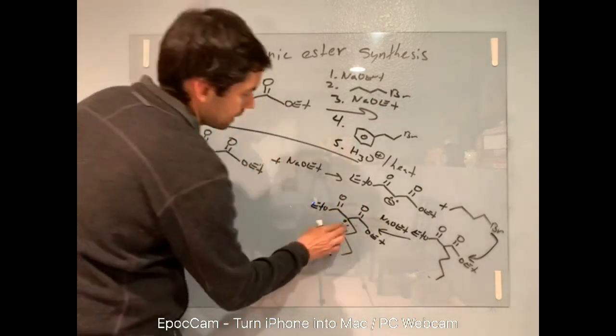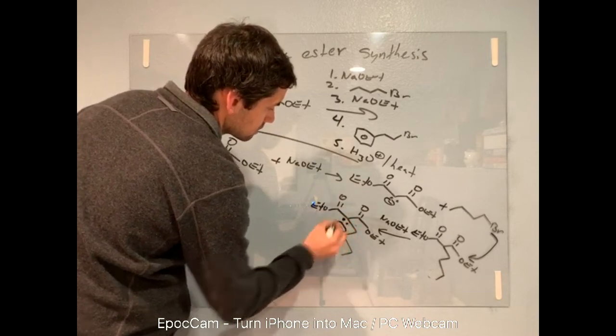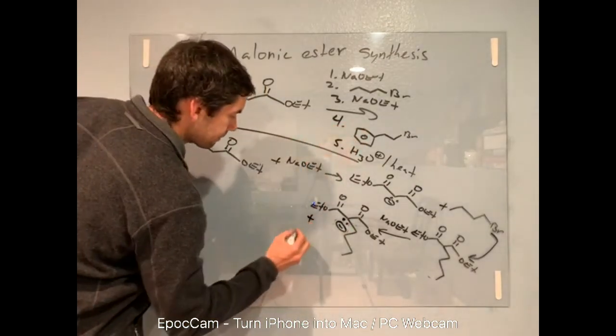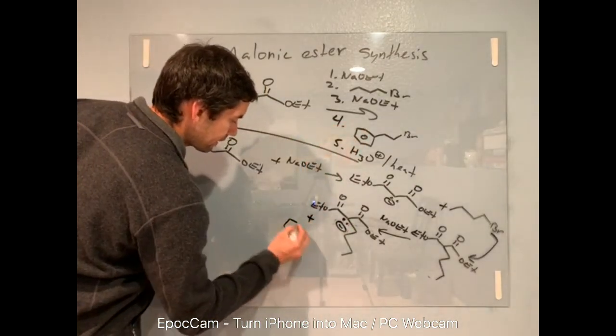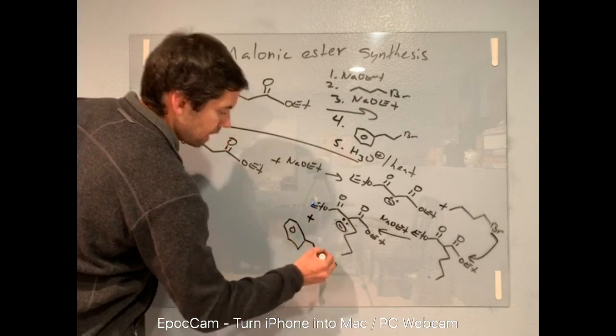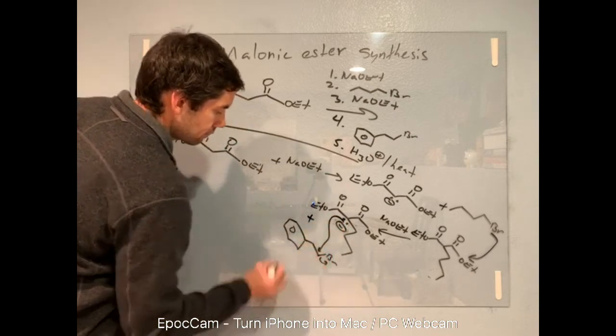We're going to make our enolate again. All right, the enolate can then attack what? Our alkyl halide. In this case, let's put a different alkyl halide in there, right? Yeah, we want those primary alkyl halides, just like we saw before.